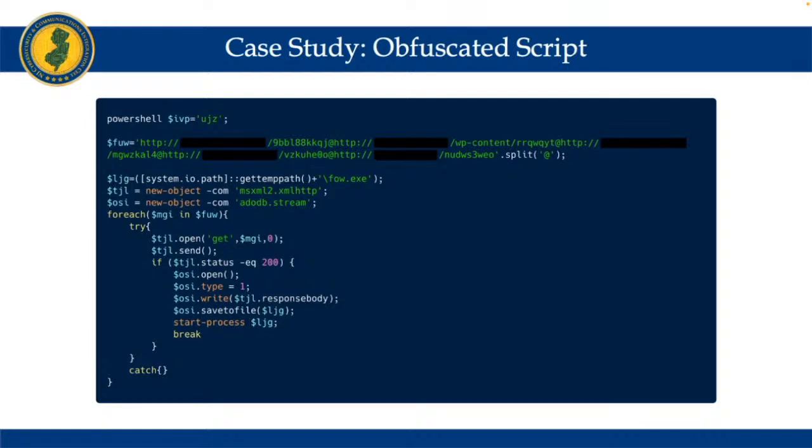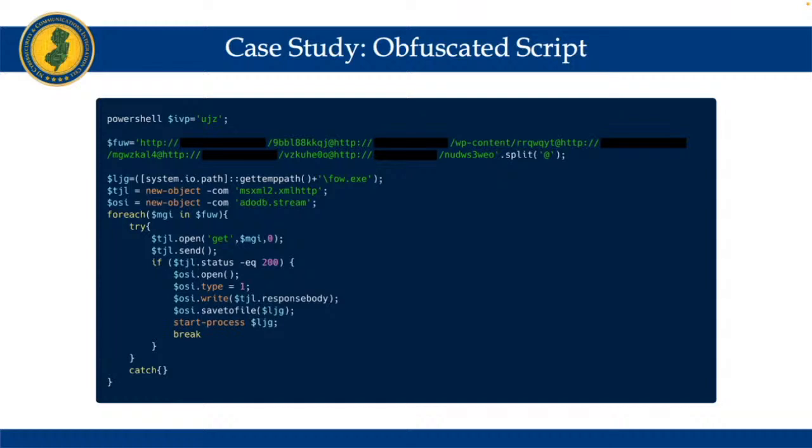There's an inclusion of multiple URLs, which allows the script to loop through them to pick one that works, right? So once the script hits a URL that works, it will go ahead and download whatever malicious binaries it can from there.